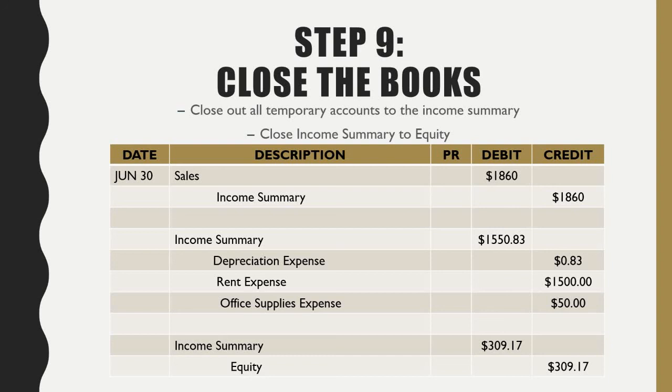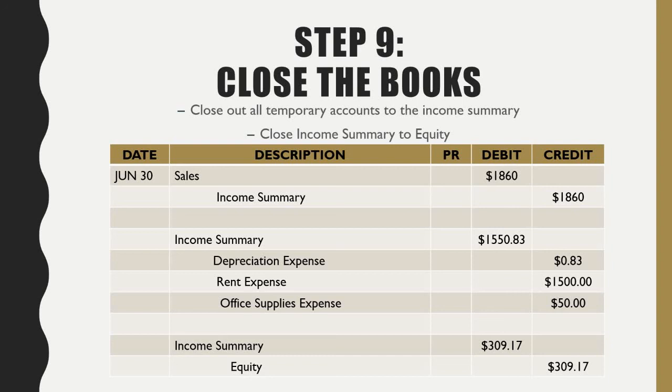And then the next section is I'm going to debit my income summary and credit every single expense. Once I get that number, I'm going to either debit or credit my income summary and close it out to my equity.